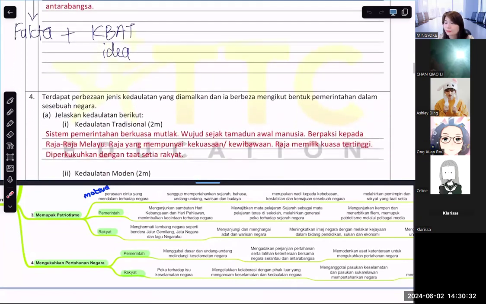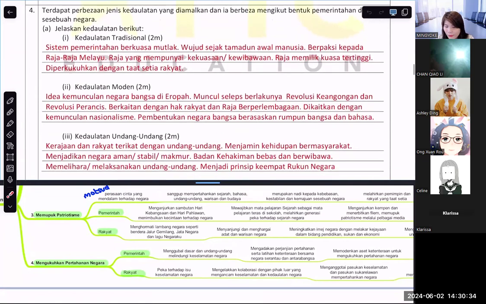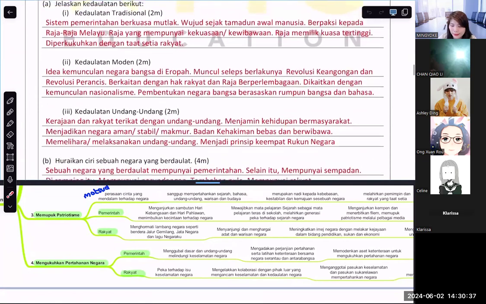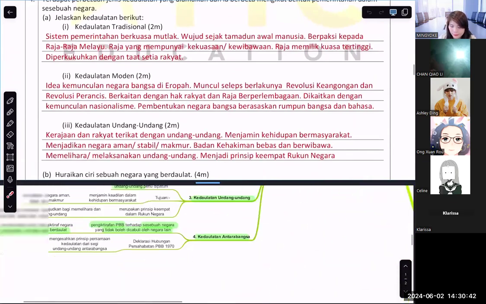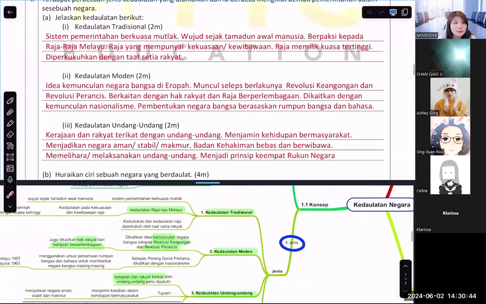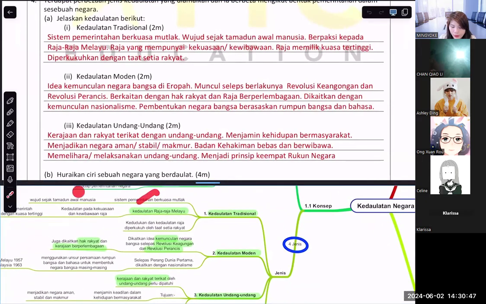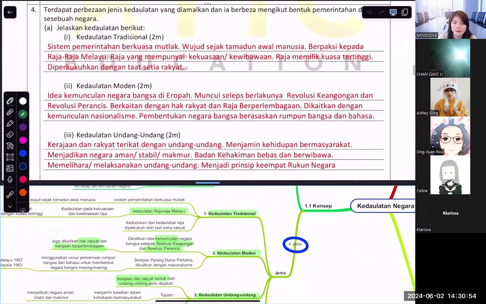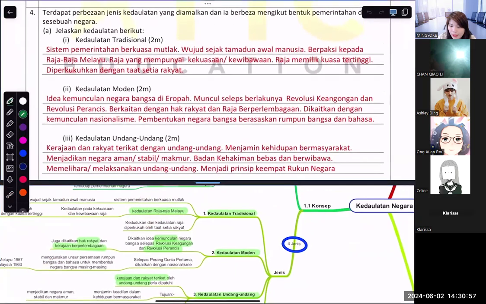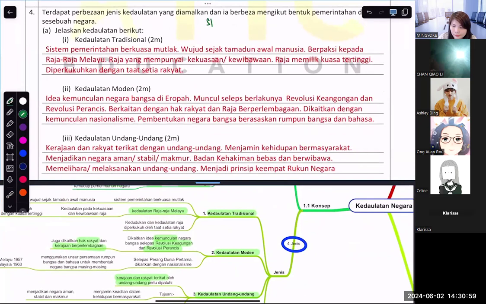And finally, we have kedaulatan tradisional, kedaulatan moden, and kedaulatan undang-undang. So you go to your kedaulatan here, jenis kedaulatan. Then you apply the points in. Remember to put what? Under soalan struktur, very simple. You put your straight answer.